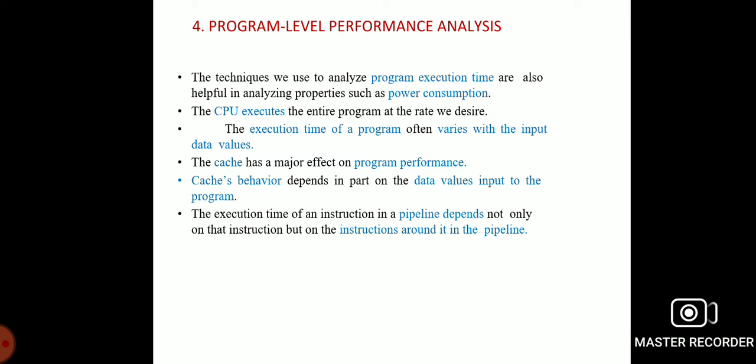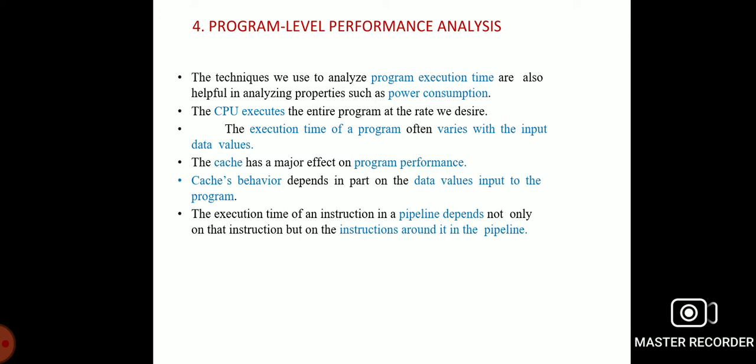Now today we are going to discuss program level performance analysis. Program level performance analysis is a technique we use to analyze the program execution time, and it is also helpful in analyzing properties such as power consumption.